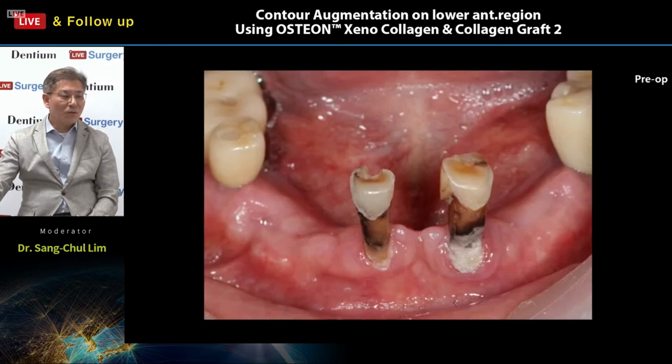The intraoral view of our patient, only 2 natural teeth remained. Other teeth were extracted 2 months ago already. And we have to replace number 34 to 44, premolar to premolar, the 8 missing teeth area.